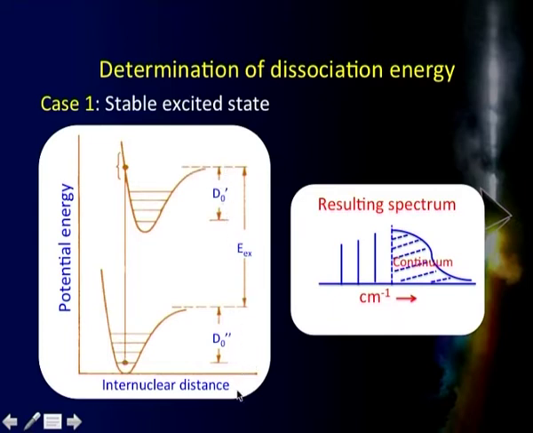That means essentially this line here, the origin of the continuum, corresponds to this energy, that is D naught double prime plus E excitation. E excitation is the excitation energy of the fragments of the molecule there. If I have this, that means the molecule has dissociated and the fragments have no kinetic energy. That is my assumption here.